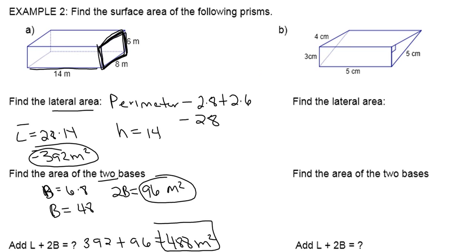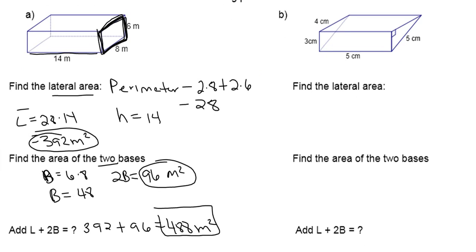Okay, example B. We're going to find the lateral area first, so we need to find the perimeter of our base. Our base this time is a triangle, where they give us 4 here and 3 vertical.